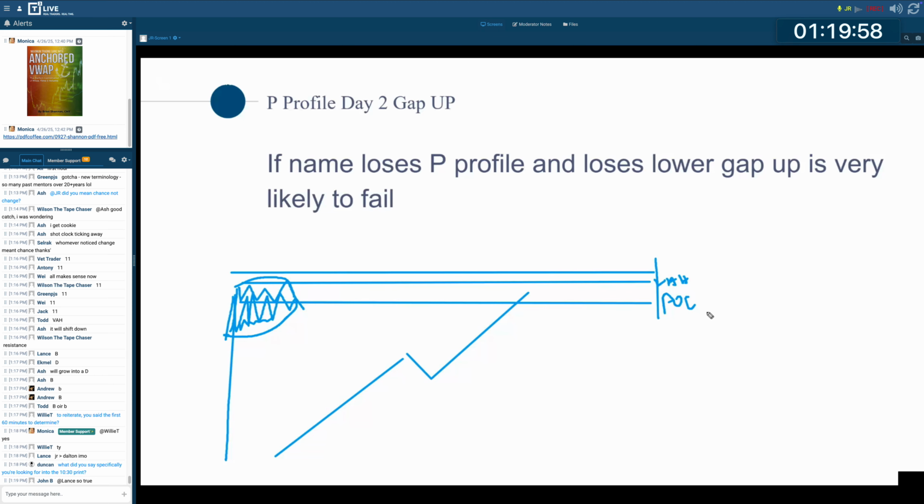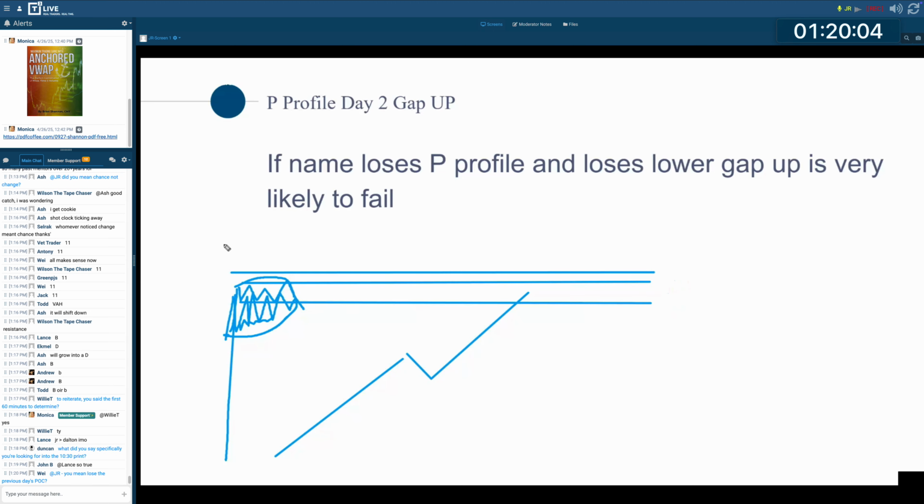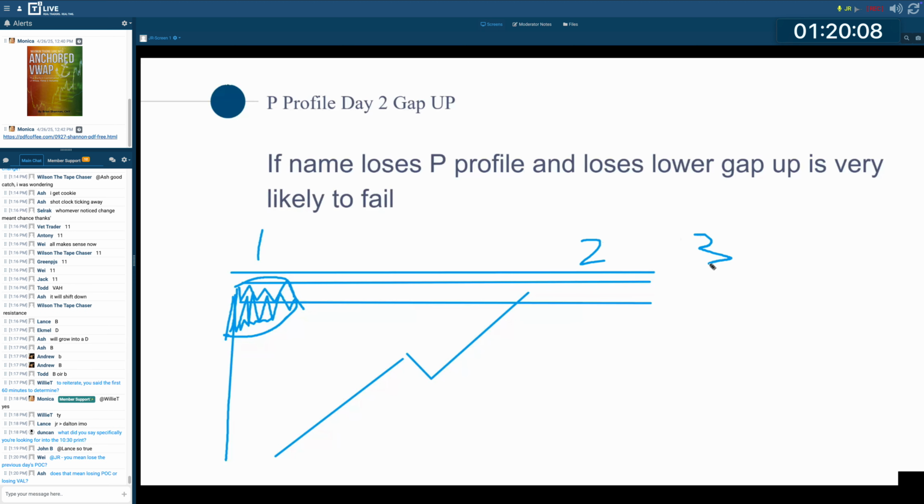The other thing I often see, and this is how bases are created: oftentimes you'll have day 1, day 2 does nothing, day 3 does nothing, and day 4 maybe gaps lower and breaks through. Sound familiar? Yes, lose the prior day's POC.